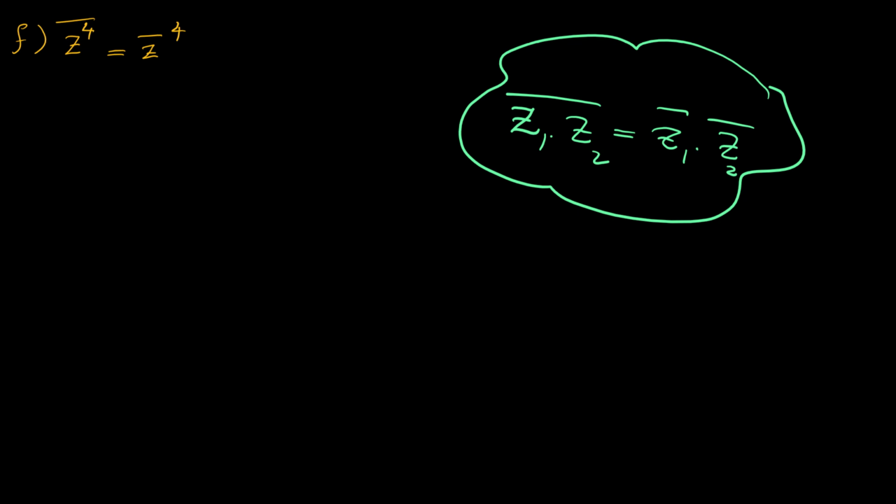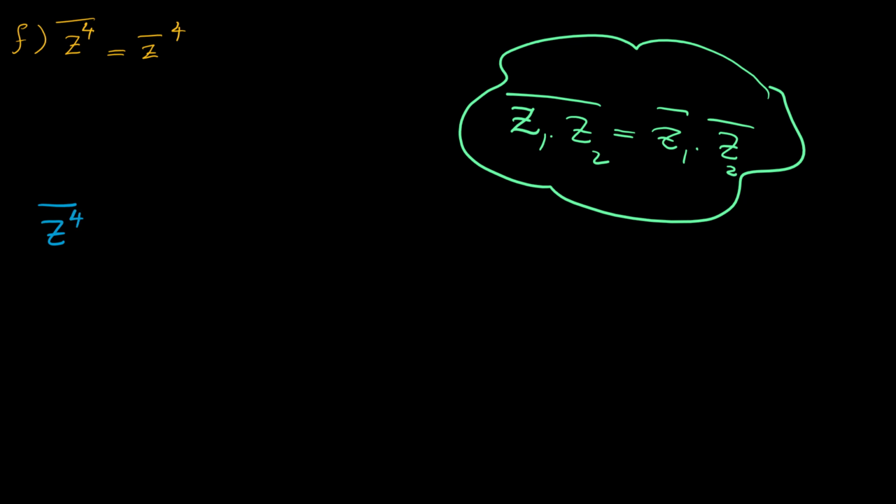You can use this relation from now on everywhere you want. But Z to the 4 is Z times Z times Z times Z, and this rule is for only two complex numbers. So we have to try to write Z to the 4 as the product of two complex numbers. How? It's very easy.